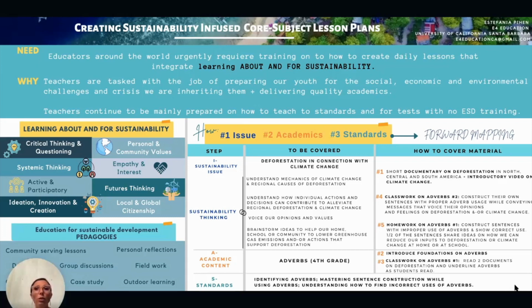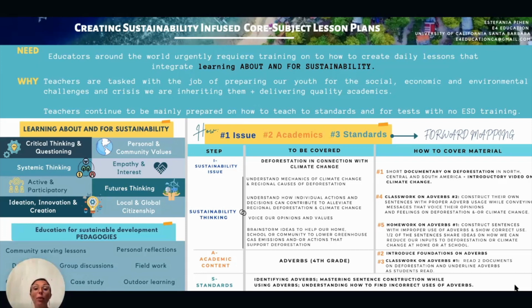So while teachers are faced with these new pressures due to the different challenges and crises that we're inheriting to our youth, they continue to be underprepared. They're being taught how to teach to the standards and how to prepare students for tests in their teacher education programs.